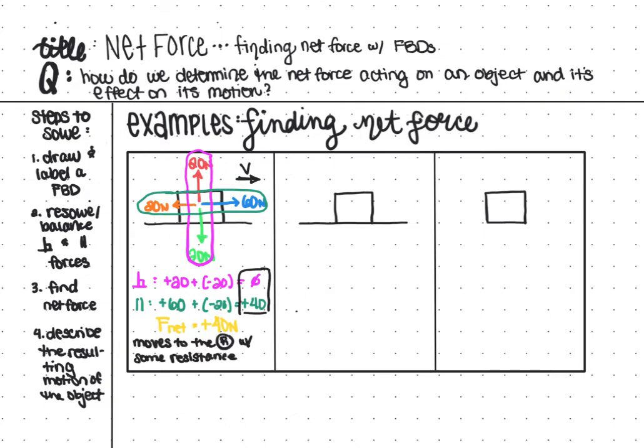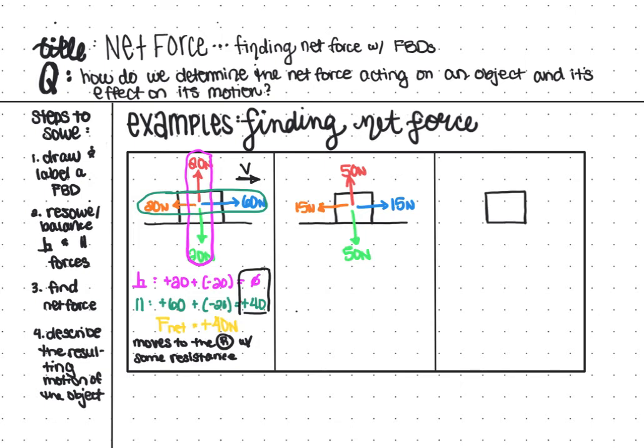So on the next one, I'm going to draw it, and then I'm going to give you some time where I'm not going to talk, to let you work through and solve, and then we'll check together. The first one is going to be a downward force of 50 newtons, an upward force of 50 newtons, a rightward force, rightward is a new word, of 15 newtons, and then a leftward force of 15 newtons.